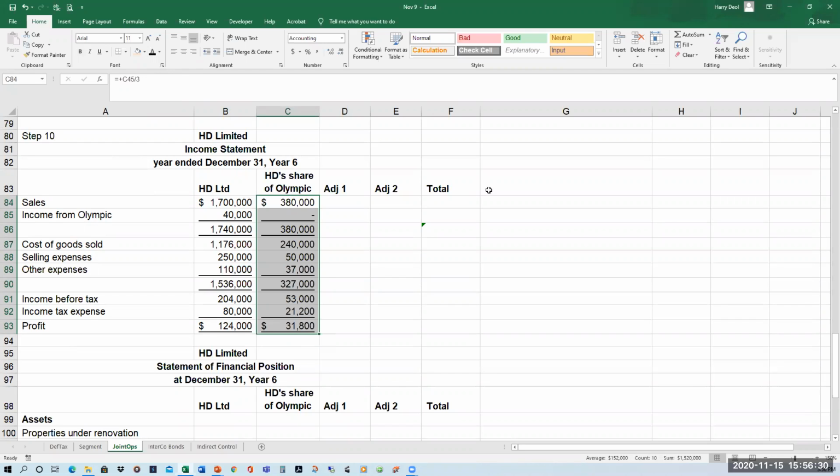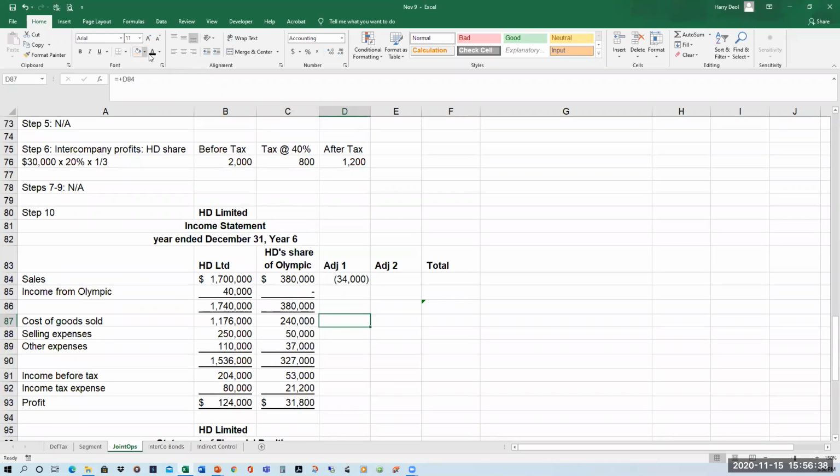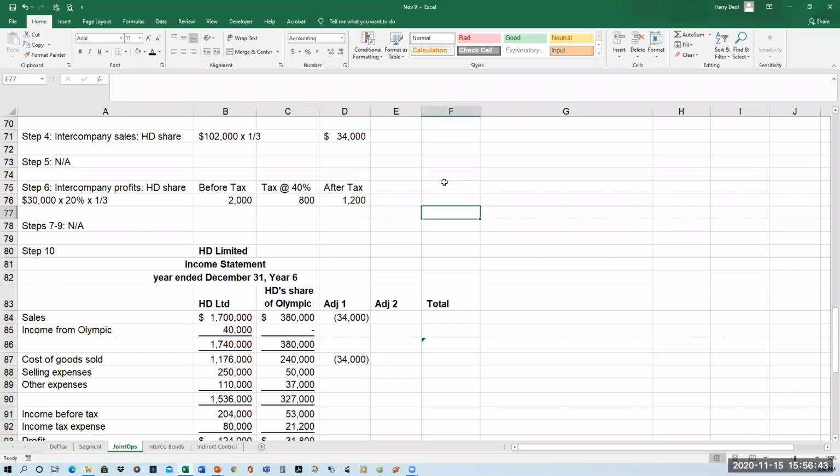So what are the adjustments? We have to eliminate from sales and cost of goods sold $34,000 of the intercompany sales portion. Next, the income that has been recorded by HD as income from Olympic, we need to get rid of that because that's not really the income, because HD is going to calculate its own share of income from Olympic.